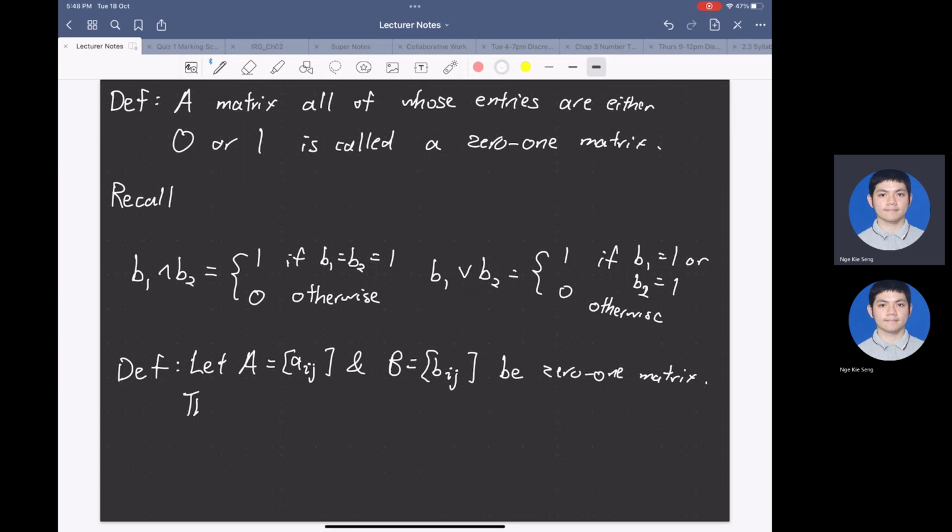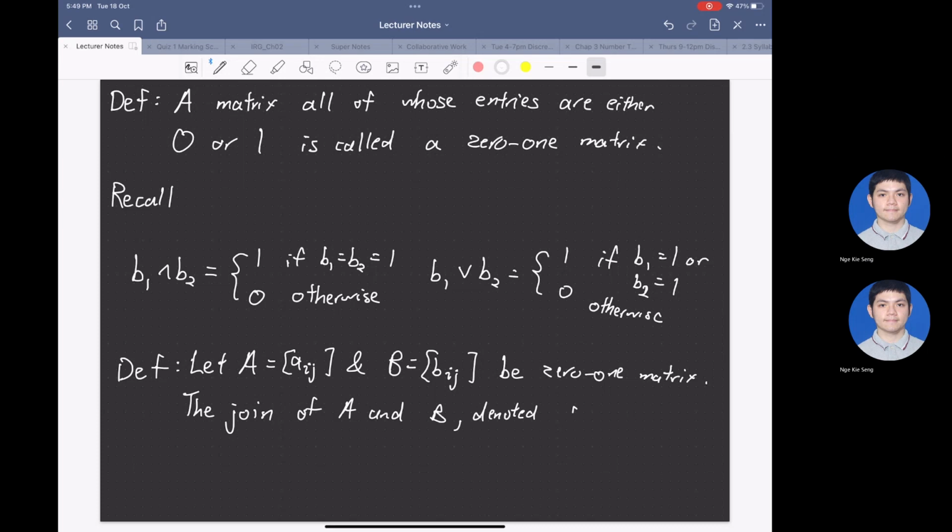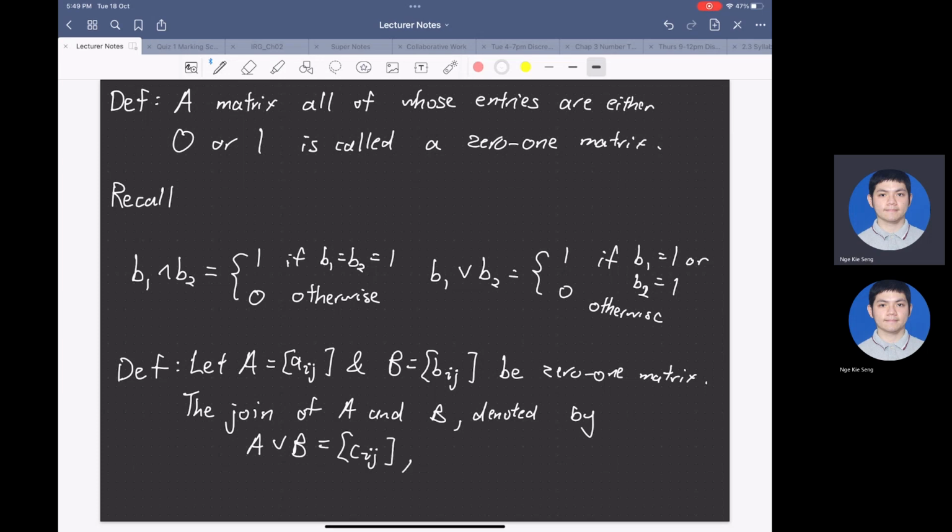So we can define the join of A and B. The join is denoted by A or B, where the entry is defined by a_ij or b_ij.